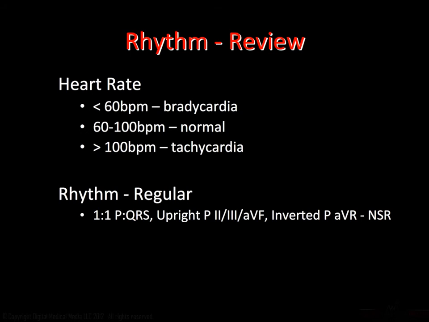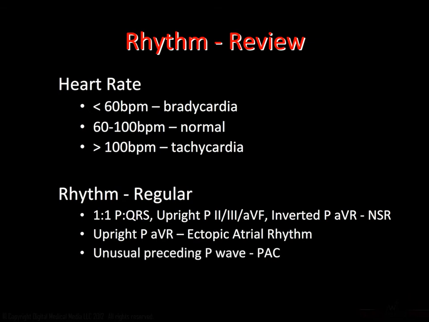If the P waves are upright in 2, 3, and AVF, and inverted in AVR, then this is normal sinus rhythm. If the P waves are right side up in AVR, then this is an ectopic atrial rhythm. If there are premature beats scattered throughout the tracing, or even one premature beat, it is likely a PAC or a PVC.